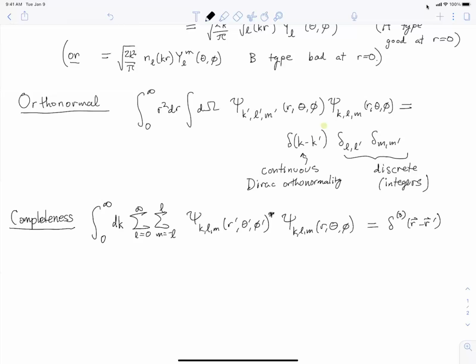And by the way, it looks like I forgot up here, that should have been complex conjugated. So there should have been a complex conjugate here. So that's one way of writing it. Another way of writing it is I do the same integral over all K, same sum over L, same sum over M, but now I do it with the kets.